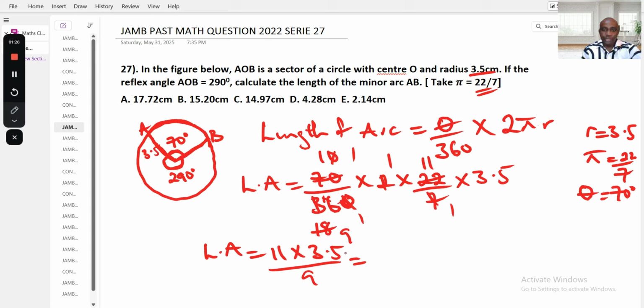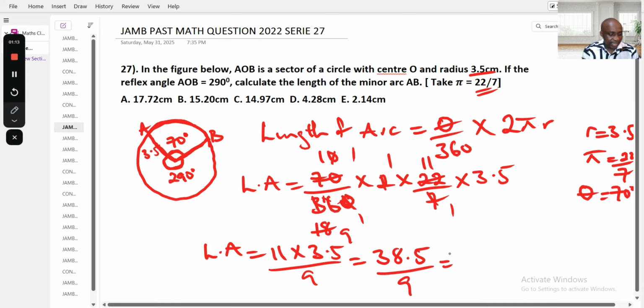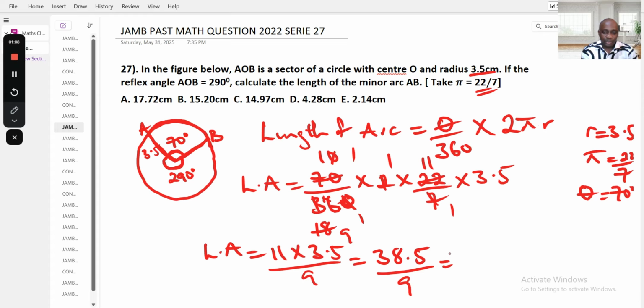Let's use the calculator for the remaining one. 11 multiplied by 3.5 is going to give us 38.5, divided by 9. 38.5 divided by 9 is going to give us what?